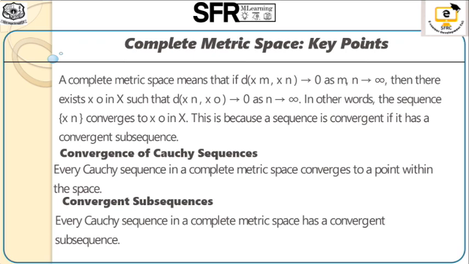That indicates the sequence xn converges to x naught in the given metric space X. From that we can observe that it has a convergent subsequence. Therefore, every Cauchy sequence in a complete metric space converges to a point within the space, and similarly it has a convergent subsequence.